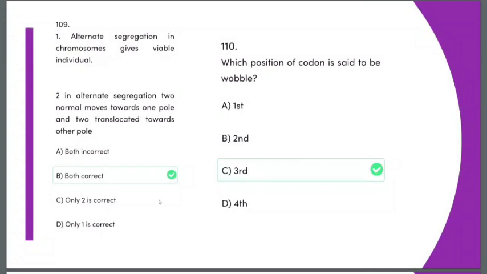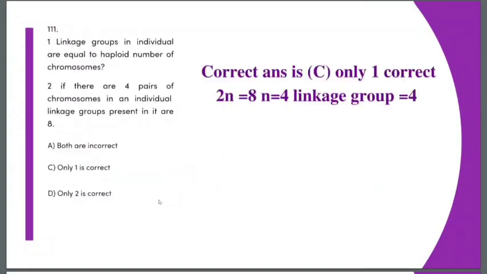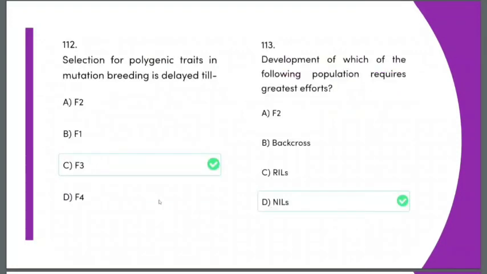It's a common question and also an important question. 111: linkage groups in an individual are equal to the haploid number of chromosomes. Okay, first is correct, and second: if there are 4 pairs of chromosomes in an individual, linkage groups present in it are 8. No, linkage groups will be 4 because of the haploid number of chromosomes. So only the first one is correct.